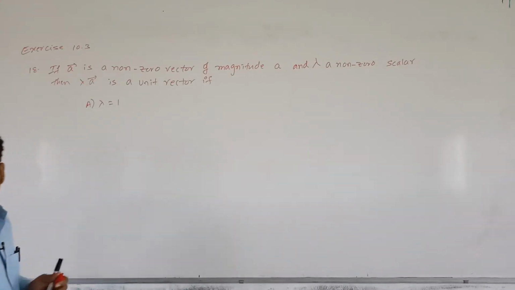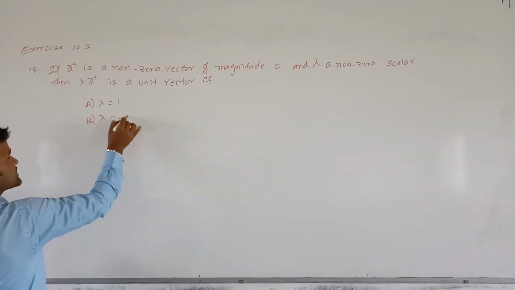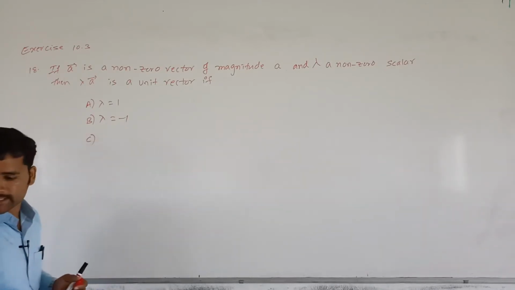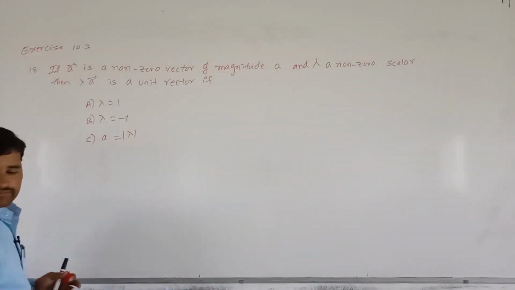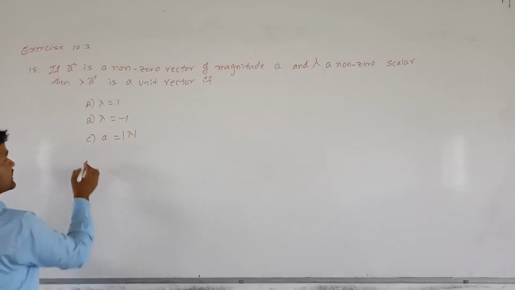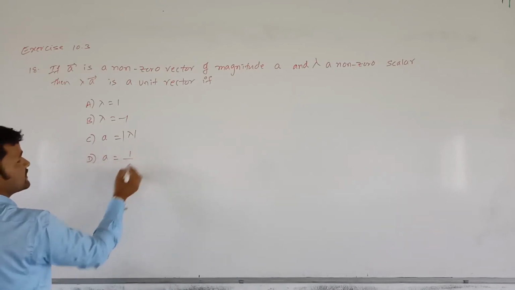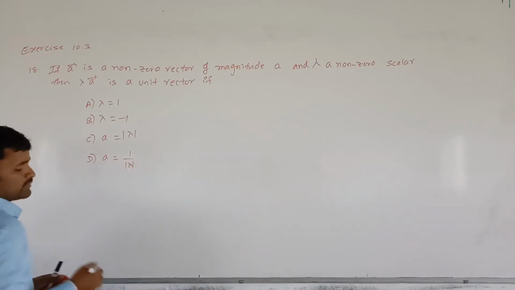There are four options given to us. First one, lambda is equal to 1, B lambda is equal to -1, C A is equal to modulus of lambda, and D A is equal to 1 by modulus of lambda.